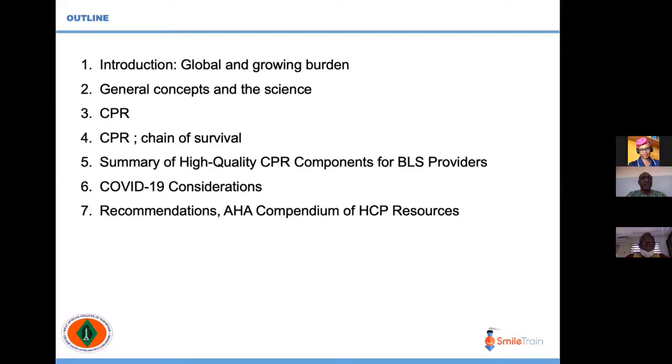And then we will go into CPR itself, describing the chain of survival and justifying it. And then we will summarize the components as recommended by the American Heart Association. And then we will look at the COVID considerations.